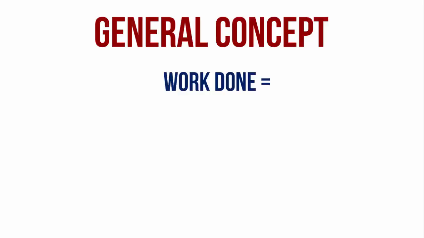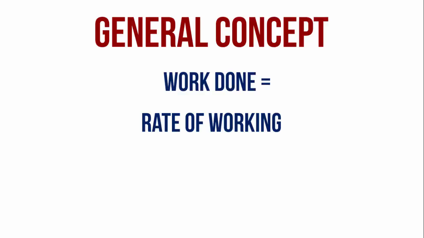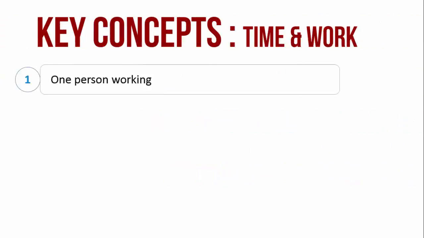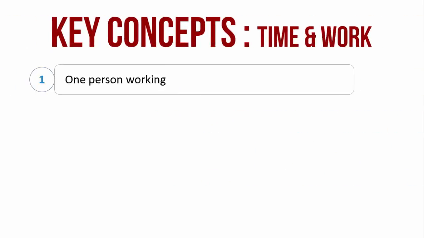The general concept is that the work done is equal to the rate of working multiplied by the time taken to complete the task. The first key concept is if there is exactly one person working.